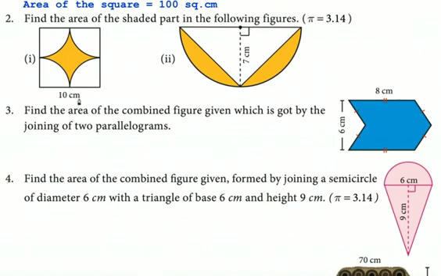Pi is 22 by 7, but he gave us 3.14 to use. Okay, let's take it as 3.14. What is the big deal? Radius is 5, 5 square is 25, 25 into 3.14 is 78.5. So area of the circle is embedded inside the square, okay. This is one part, this is one part, this is one part, this is one part, all four parts are equal, okay.